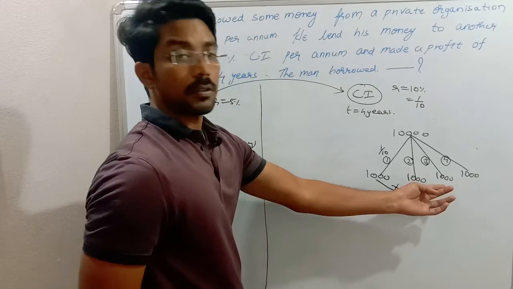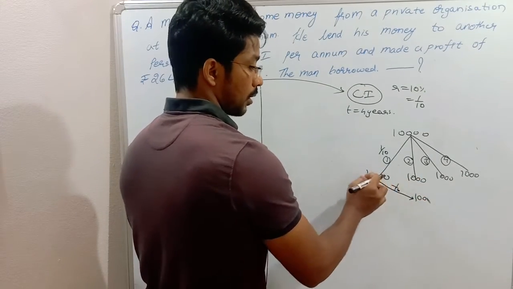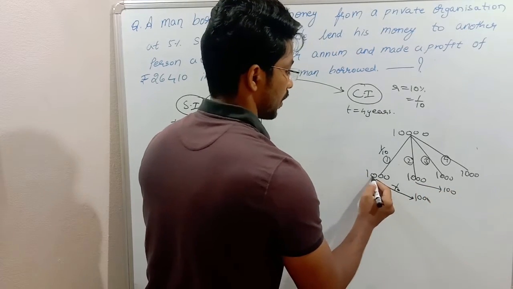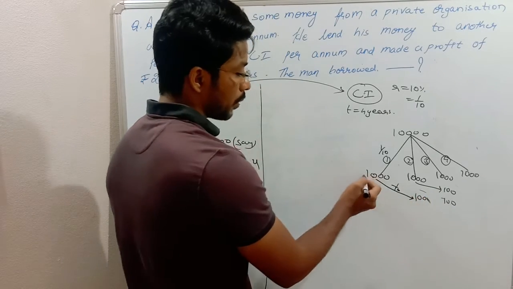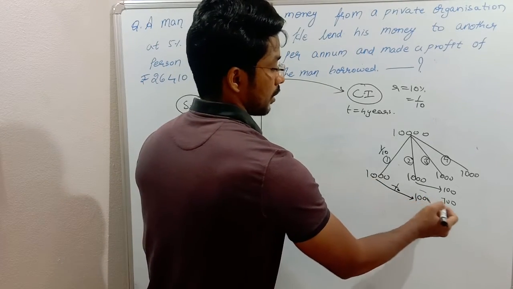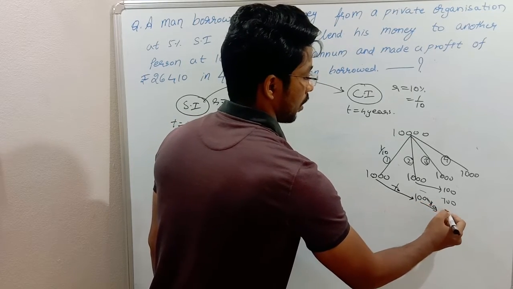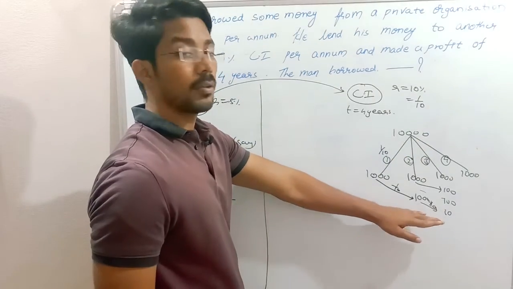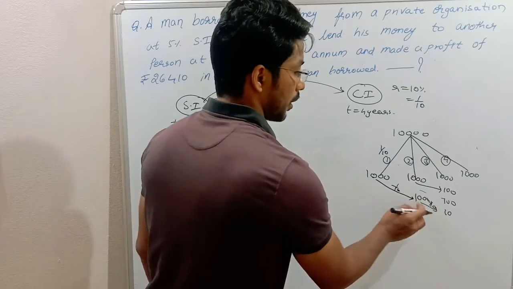Now coming to the third year, again the interest on the simple interest of 2 years will be applied. So here it will be 100, and here also it will be 100, and interest on that interest will be applied. So 1 by 10 of 100 is 10. As the rate of interest is 10% for the whole 4 years, we are taking 1 by 10 of 100.